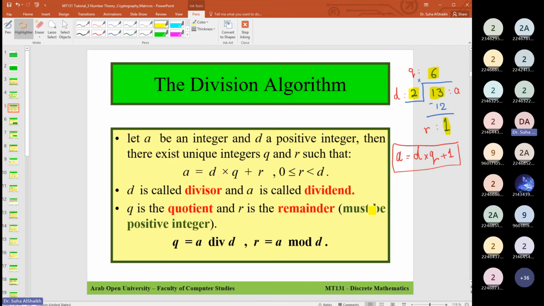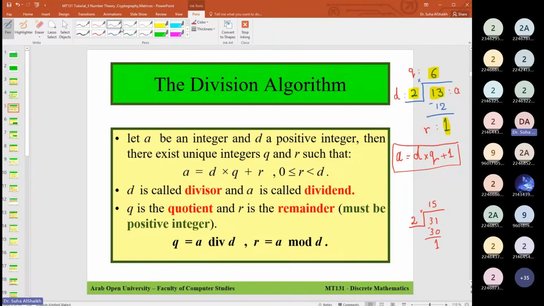Now for example, if I have 31 and I'm dividing it by 2, what will be the result? Use your calculator. Divide 31 by 2, what's the result? 15.5. The 0.5 comes from the remainder, so I'm going to take the 15 as the result, the quotient. We multiply 15 with 2, which gives 30, so the remainder is 1. Right?